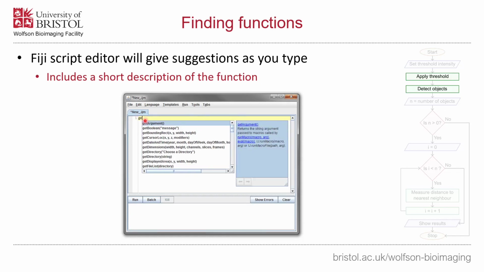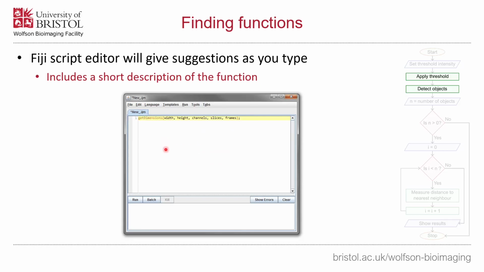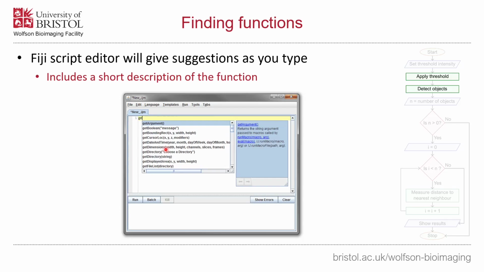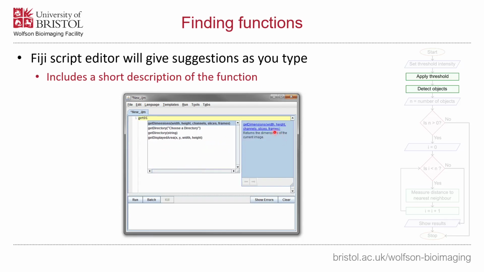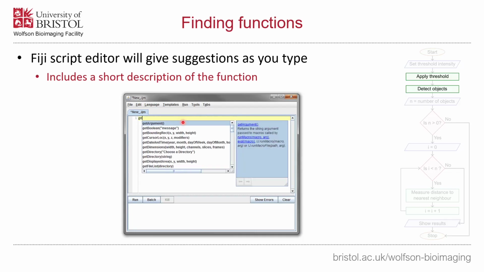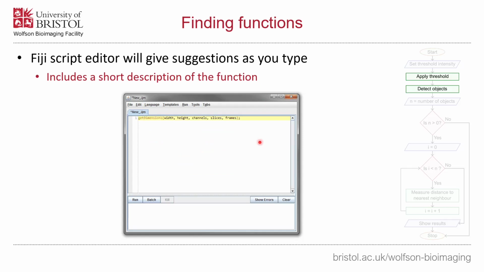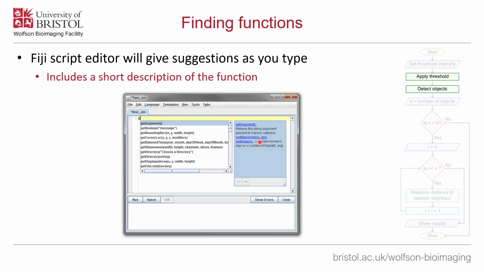But then as soon as I put in D, it narrows down that list to about 5 or 6 possible functions that start with getD. And you can see on the right hand side that for getDimensions, it also gives you a bit of a summary of that function. So you can see it tells you what it returns and what the different arguments are. So that's really nice when you're typing.